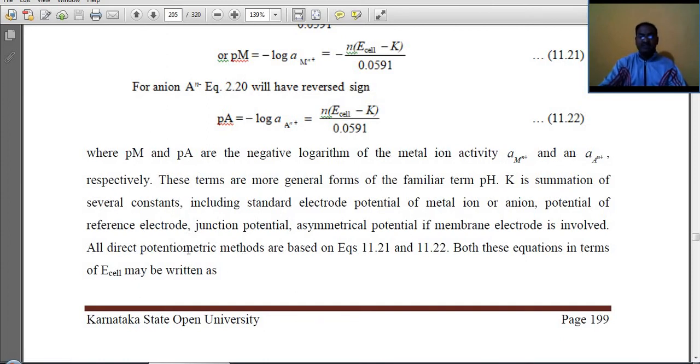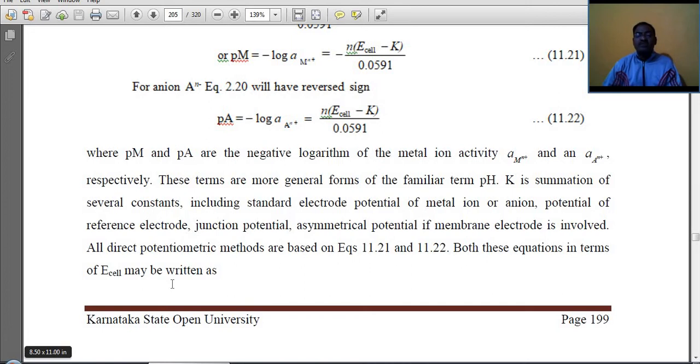These terms are a more general form of the familiar term pH. K is the summation of several constants, including the standard electrode potential of metal ions or anions, potential of the reference electrode, junction potential, and an asymmetrical constant if a membrane electrode is involved.